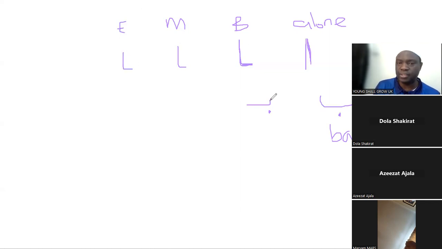But for the Ba, it starts this way and it continues. That line means it's joining another letter. Then one letter is coming down to join Ba, and Ba is also joining another letter. That's why I say it's in the middle.